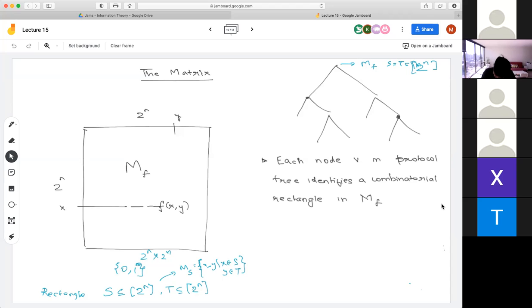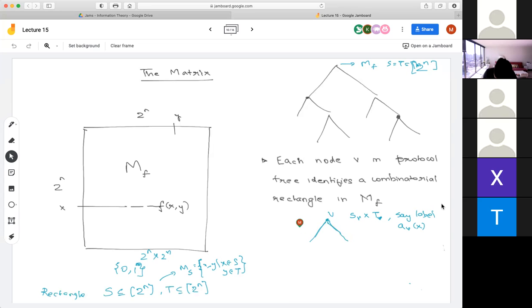And now let's suppose we are at this node V. We are looking at a rectangle S sub V cross P sub V, and let's say it's labeled with some function where Alice is supposed to speak as a function of the input. Now there are two ways things can go here.